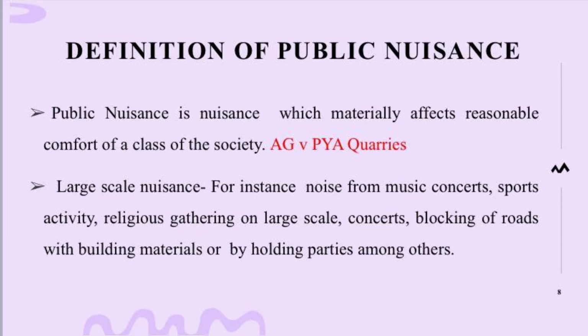For instance, a group of people or somebody might decide to have a musical concert or a sports festival or sports competition, and it causes so much noise or so much influx of people or so much traffic. Sometimes you have religious gatherings in society that cause so much traffic on a large scale, and you have blockage of roads by vehicular movements.